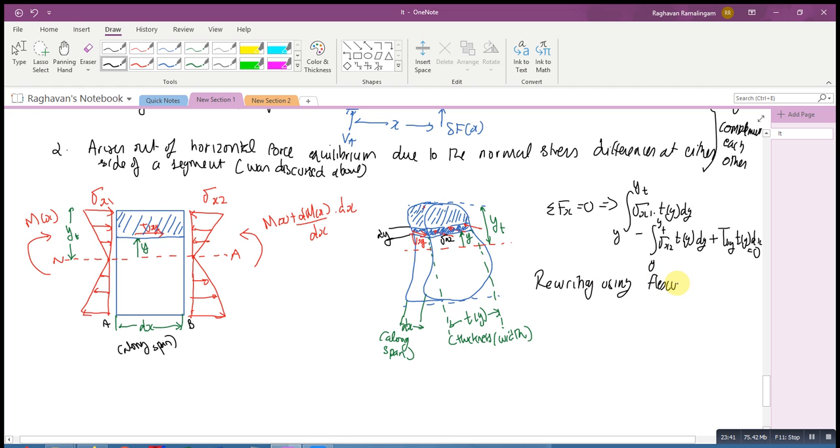Okay, so I'll just rewrite this using the flexure formula to convert my stresses in terms of the moments.